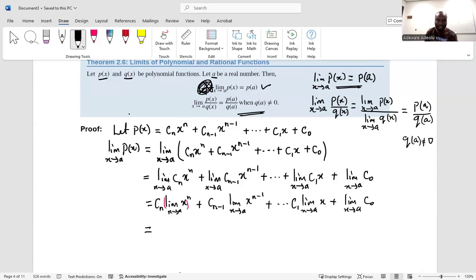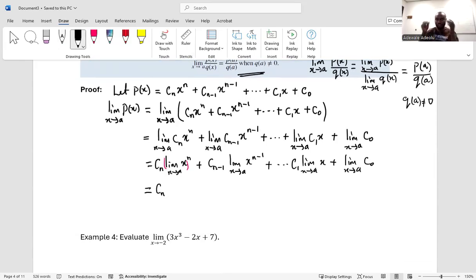So in this sense, it is going to be C sub n, that is just a multiplier, a constant. So this is going to give me a, right, from the basic law for limits. The limit of a linear function as x goes to a is a.